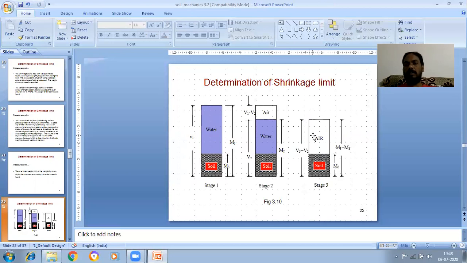So stage 3 is the dry soil, where V3 is equal to V2. Now the mass of the solids is the same in all the stages. Here M3 is equal to Ms. What is the soil sample weight here? M2, because water is there along with soil. Here the soil sample weight is M1. Right.